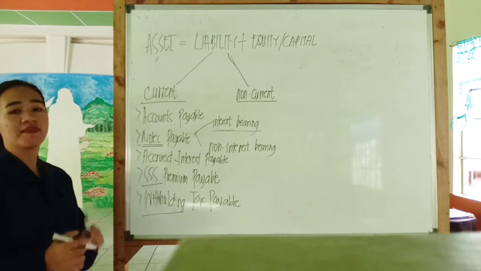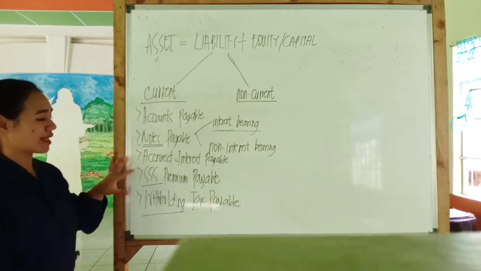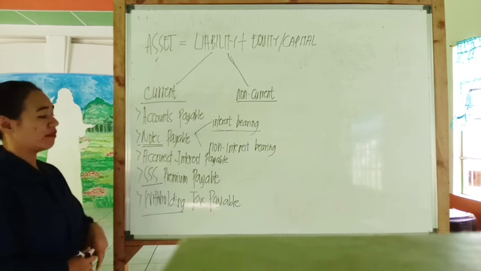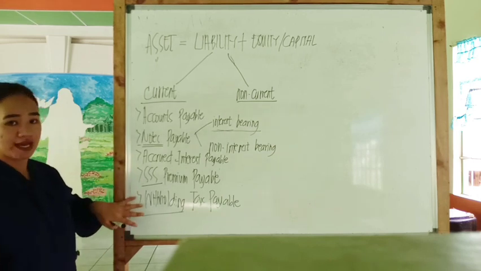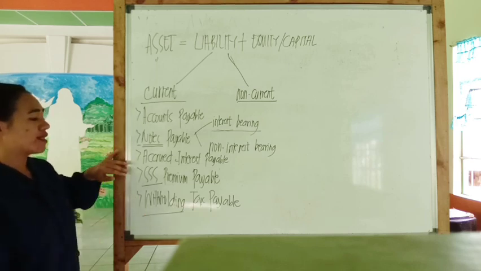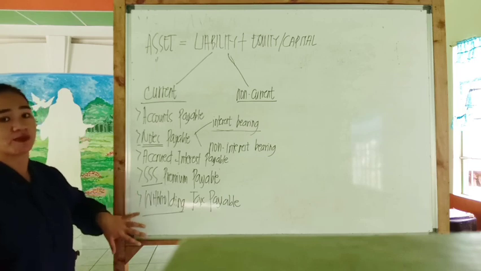And then, ire-remit lang to at the end of the month. So, during those times, ibig sabihin, may babayaran ka sa SSS, may babayaran ka sa BIR. So, that is considered as your SSS premium payable and then withholding tax payable.